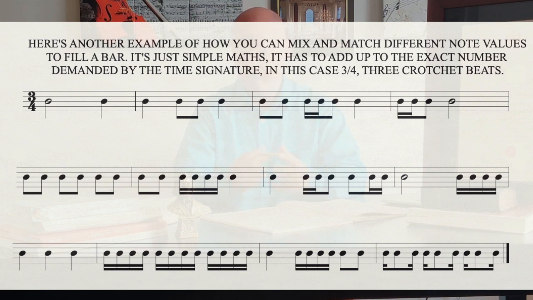So we've got, again, 3 beats, which are quite clearly visually marked, and we've got semiquaver, quaver, semiquaver 3 times. So we've got 3 times the same thing. So we've got, again, 2 semiquavers and a quaver, but they are mixed up.